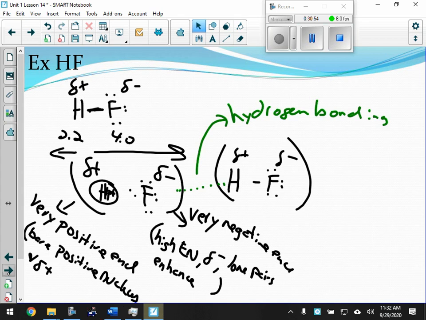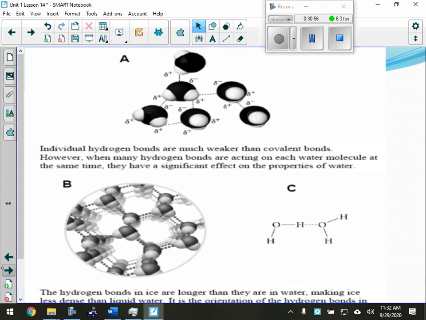But that's how we get hydrogen bonding. There's an example of water there. We have the partial negative end of water, which would be the O, attracted to all the H's that are around it, of a different molecule. You have to remember, and this is key here, between molecules, those are intermolecular forces. So far, you know dipole-dipole and hydrogen bonding.